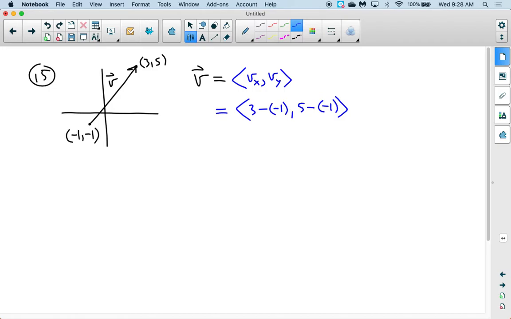Undoing without twisting or lengthening just means it's a rigid transformation, right? It's a slide to the right 1 and up 1. So you're subtracting or undoing these coordinates. So we get here 4, 6.